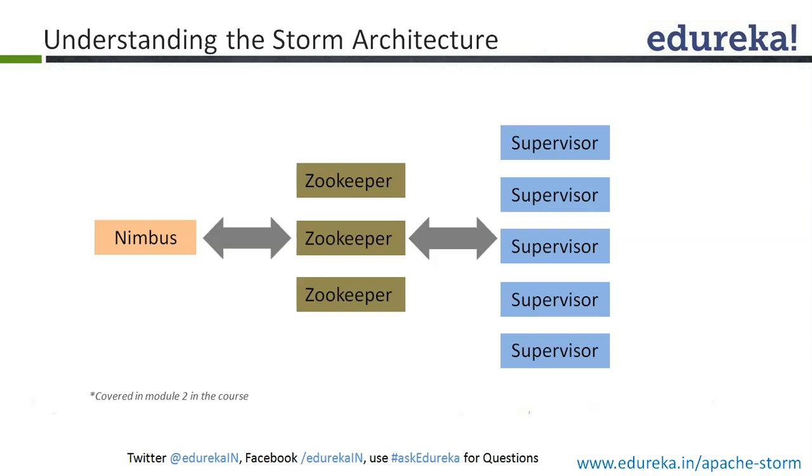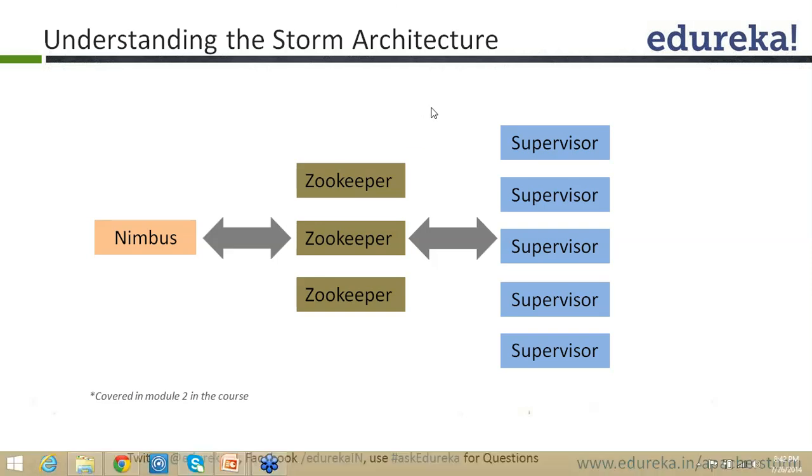There are reliable topologies and unreliable topologies, which you will find out when you go into the details of the course. But yes, Zookeeper would be the guy responsible for the continuous running of your topology altogether.